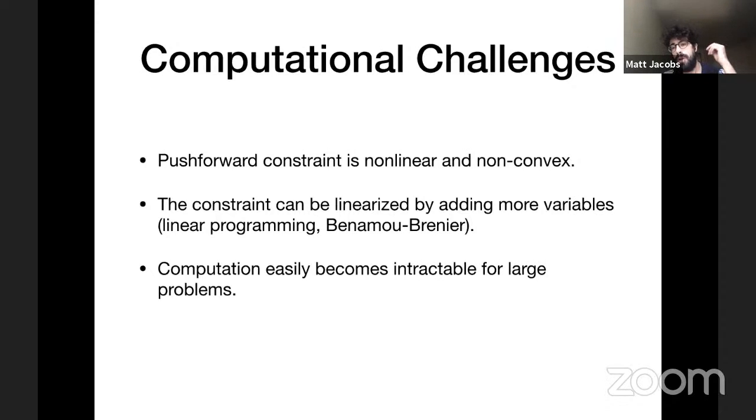The goal of what we wanted to do with this method was to come up with a way to efficiently and accurately solve optimal transport problems without substantially enlarging the amount of memory that you need to store, and also with computation time that scales in a reasonable way with your data.